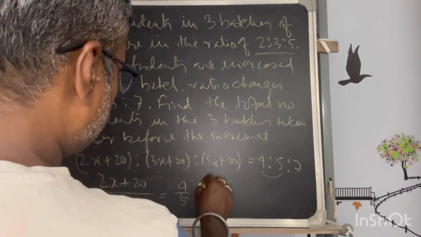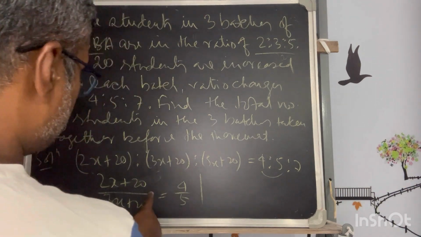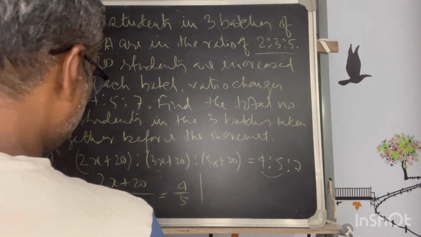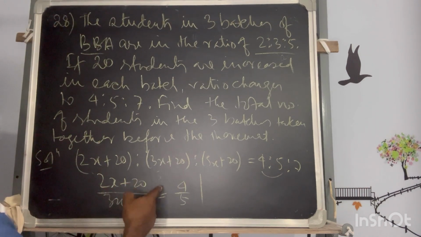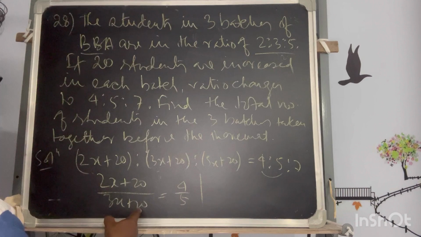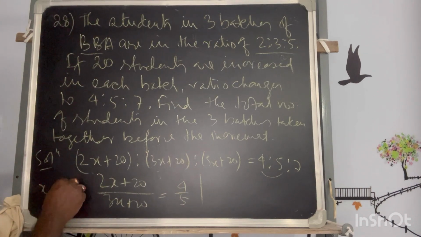So 5 into 3x plus 20 is equal to 4 into 5x plus 20. That is 15x plus 100 equals 20x plus 80. So 100 minus 80 is equal to 20, and 20x minus 15x is equal to 5x, so x is equal to 4.